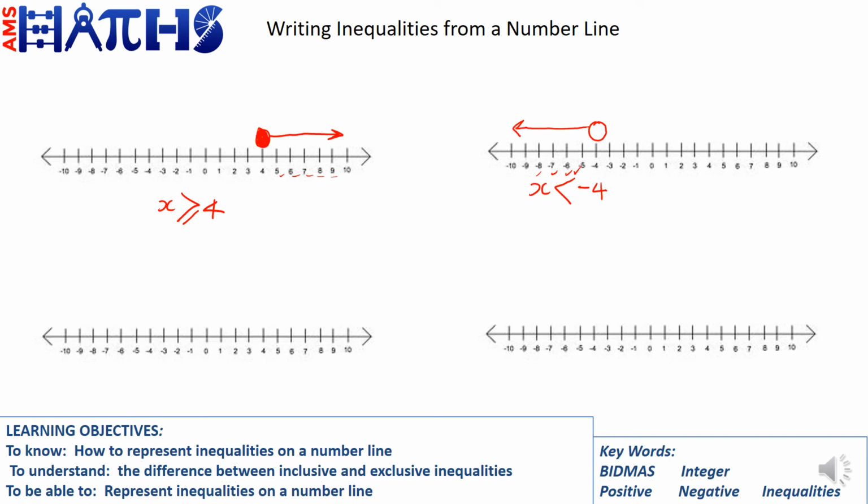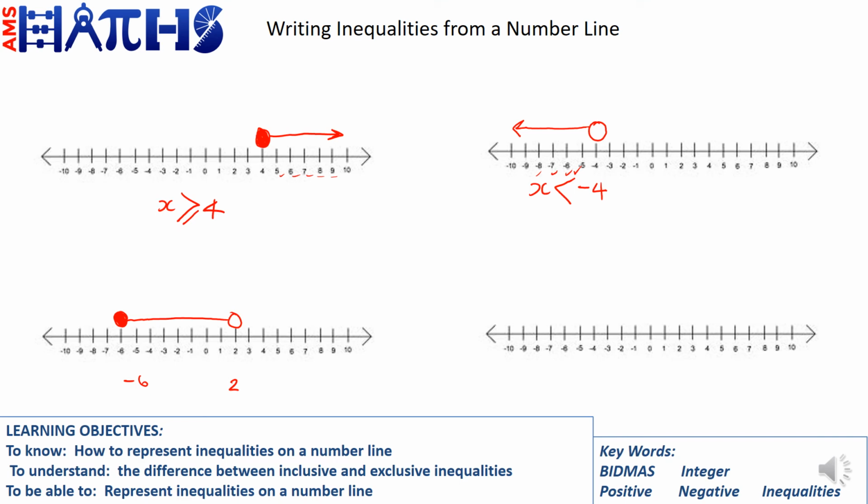If I had this representation for my inequality, and I have one ring shaded, our reference is minus 6 and 2. And notice the values are between minus 6 and 2.